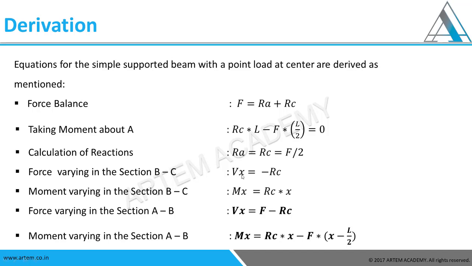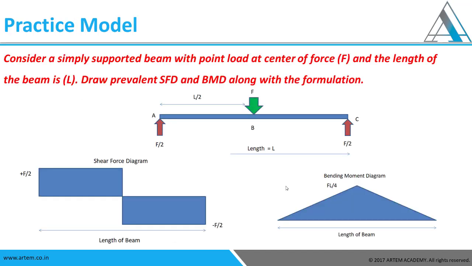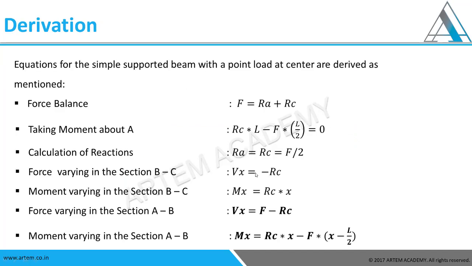If we take x equals 0 also, this would be the same, because in this entire section from B to C, the F by 2 is constant. So if we cut a section here, we would always get on the right side F by 2. And this is the force that we would be getting. That's why in the general Vx section we have got minus RC.